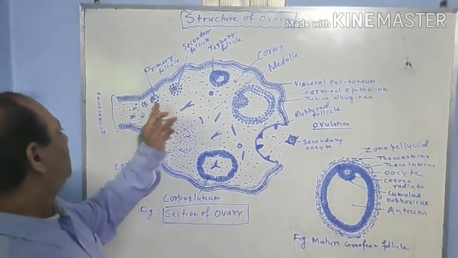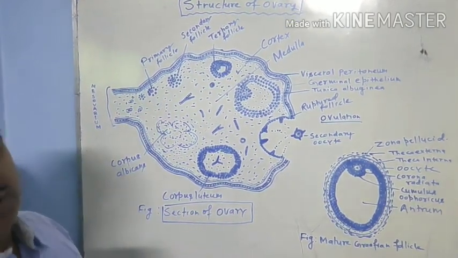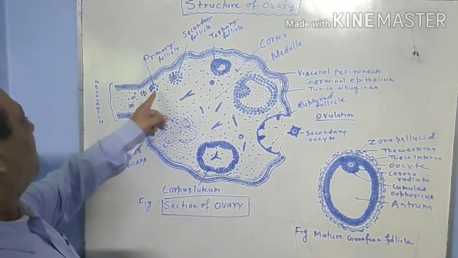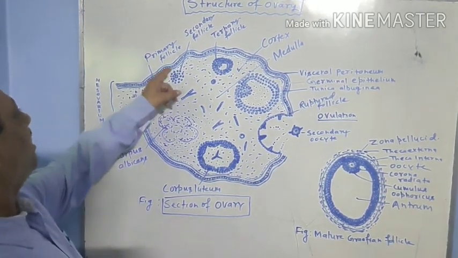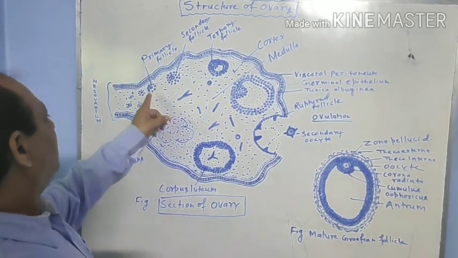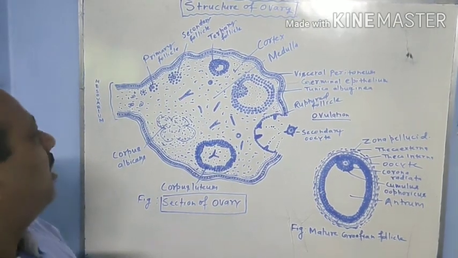Here you can see that oocyte is surrounded by follicular cells. Here oocyte is surrounded by a single layer of follicular cell. In this condition it is known as primary follicle.